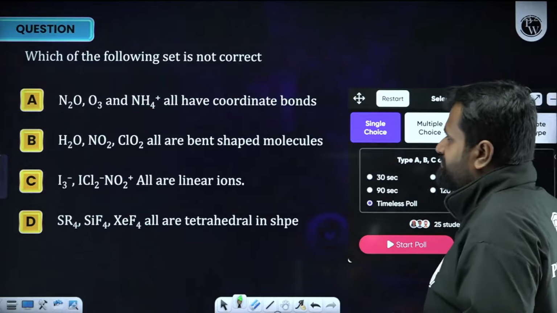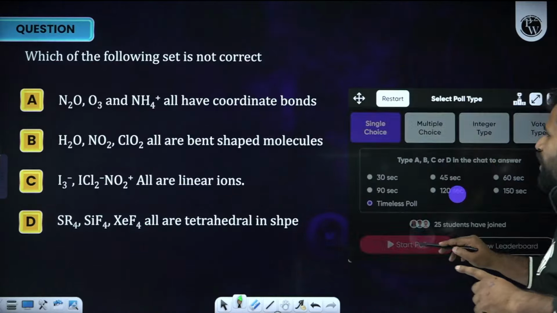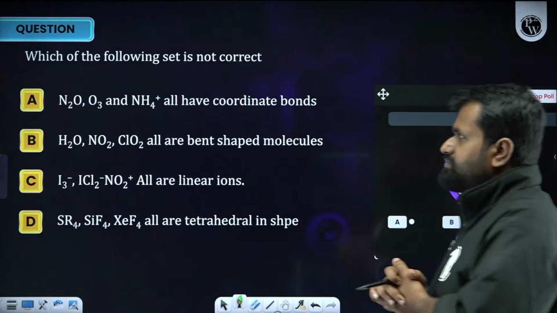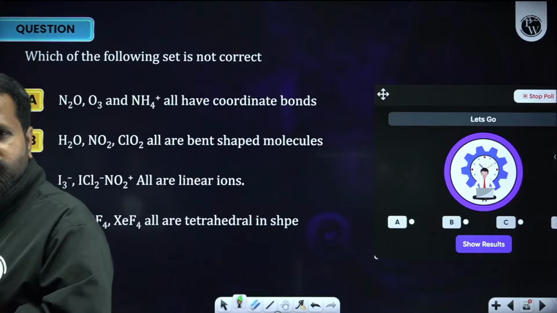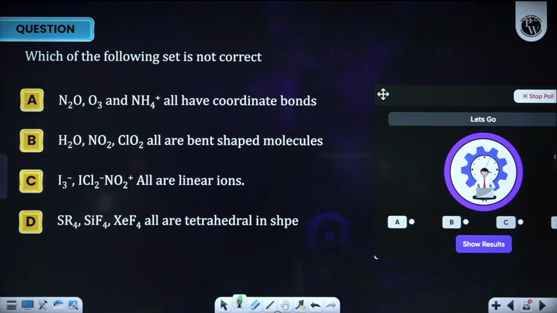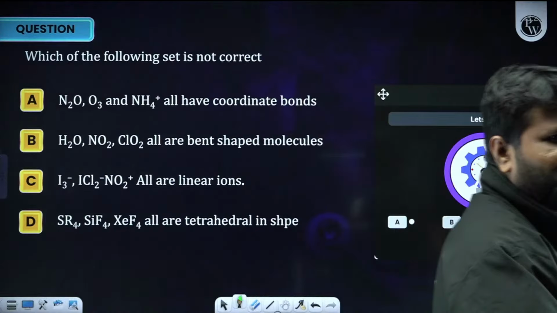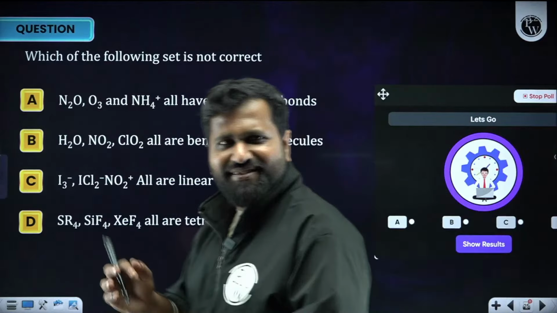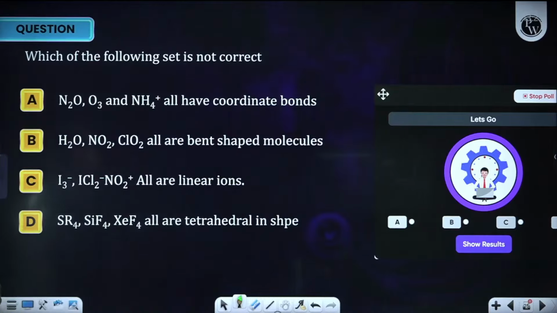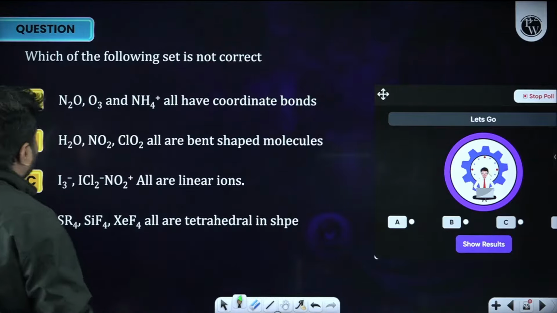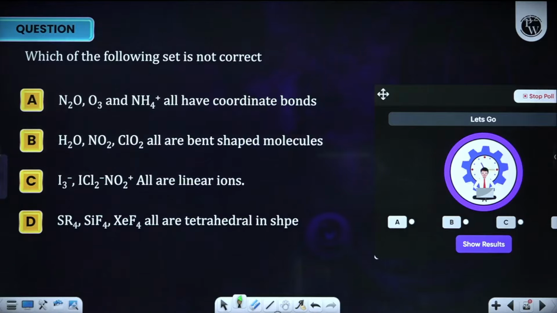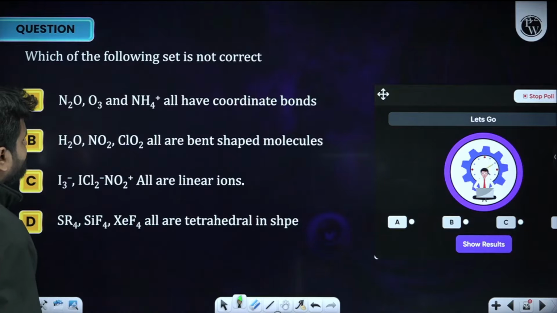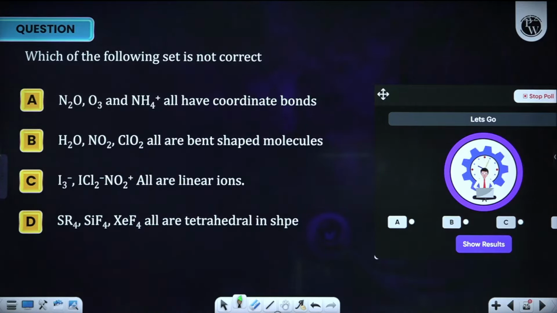That is a dummy answer. Which of the following sets is not correct? A chemical bonding, hybridization based question.